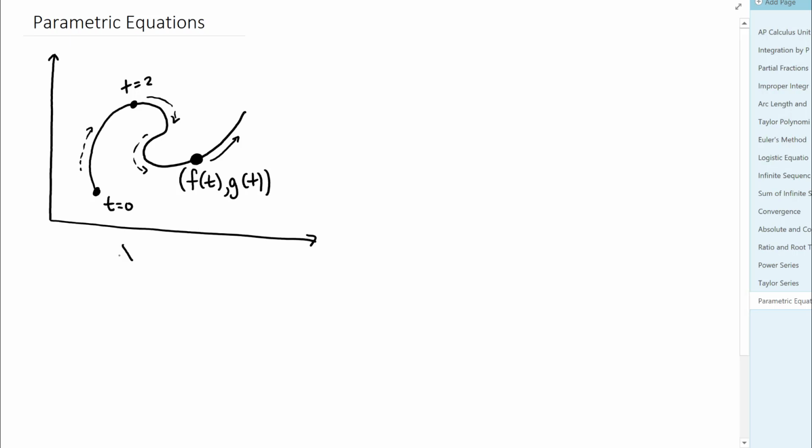So the x value is being looked after by one function with respect to time, and the y value is being looked after by this other function with respect to time. Well, since each coordinate is a function itself, then we could just say this overall location is x at time t, that's the x coordinate, and y at time t.